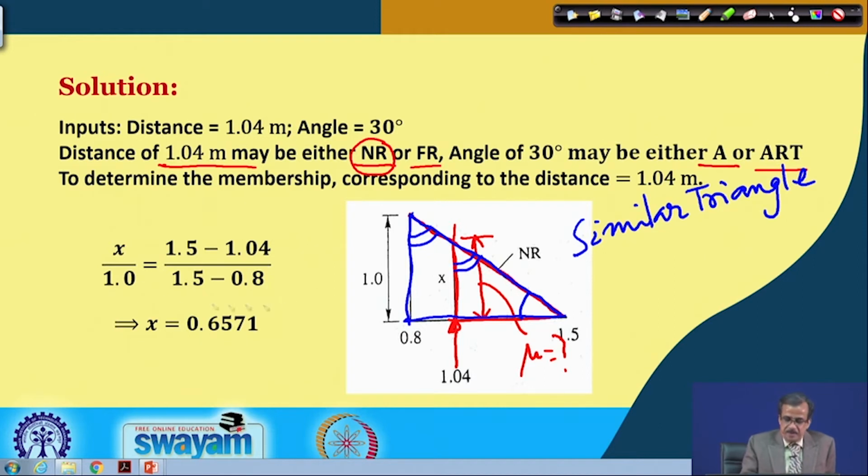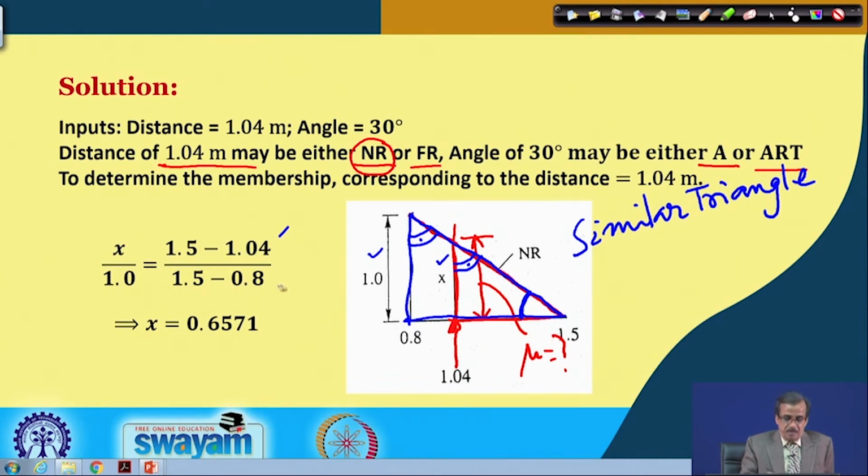Here I have written x divided by 1.0, and opposite to that is this particular angle, which is common for both the triangles. Then concentrate on this particular angle and that particular angle; they are also equal. Now, opposite to this is 1.5 minus 1.04, and opposite to this is 1.5 minus 0.8.